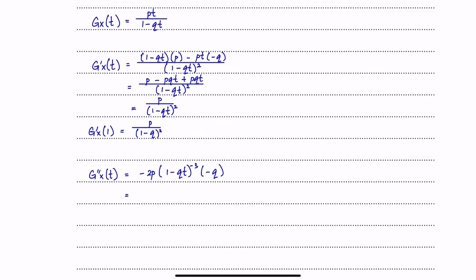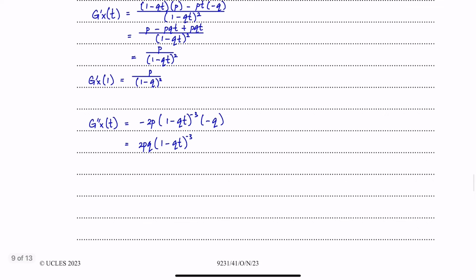And this would give us 2pq times (1 minus qt) to the power of negative 3. So G prime prime 1 is just 2pq times (1 minus q) to the power of negative 3.